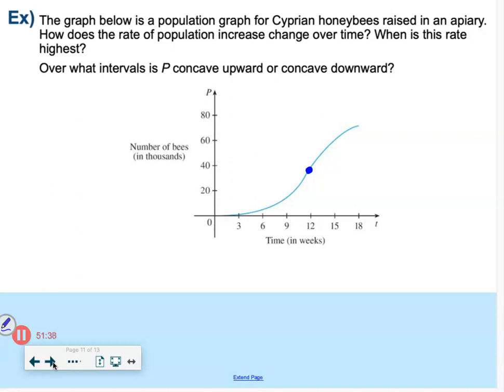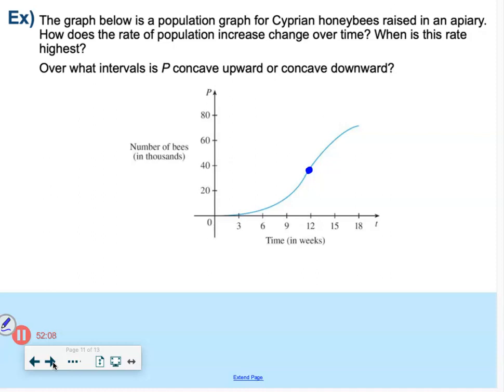So if roughly at 12 weeks we have our point of inflection, from 0 to 12, this graph is what? Concave up. From 12 to 18, this graph is concave down. What that means is the population growth rate, the rate of change of the population, is increasing and then decreasing.